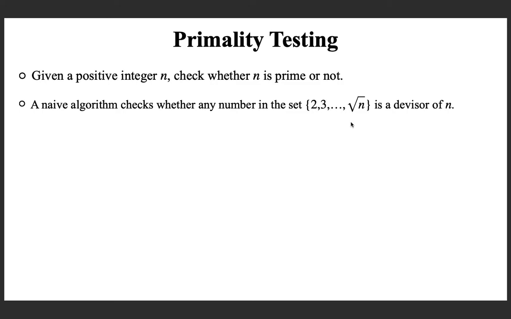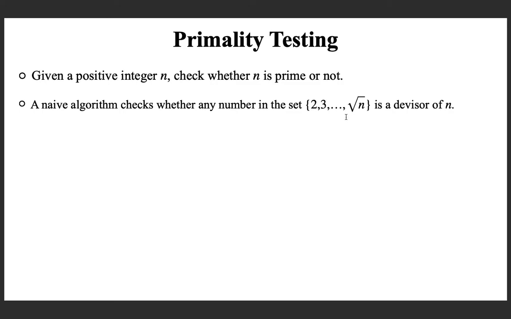These are the possible divisors other than 1. You see whether any of these are divisors of n. If none of them are divisors, then it is a prime number. Otherwise, it is not a prime number. If you have a divisor from this set, then n cannot be prime.